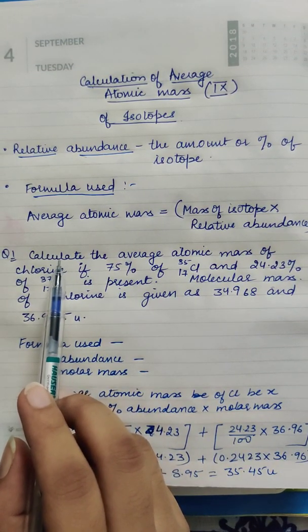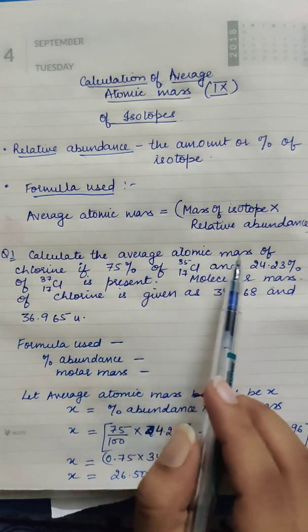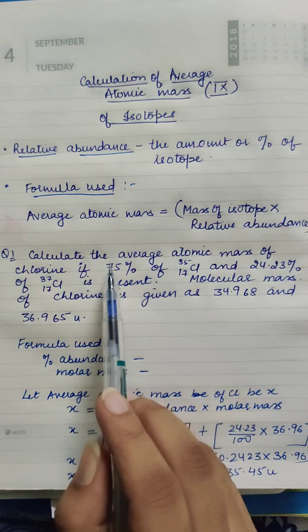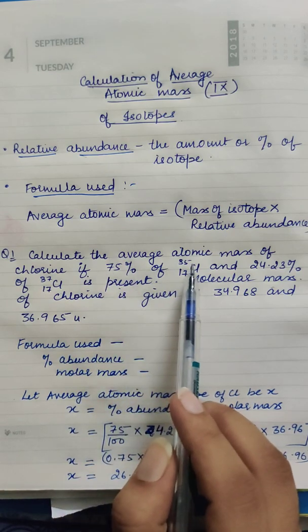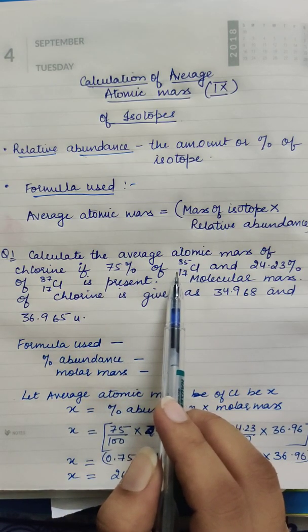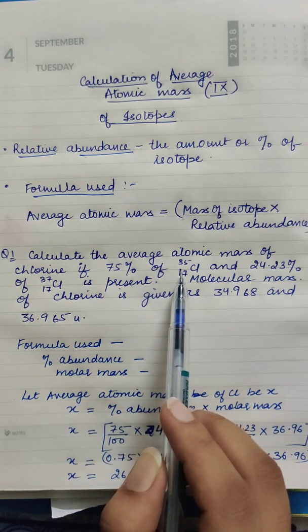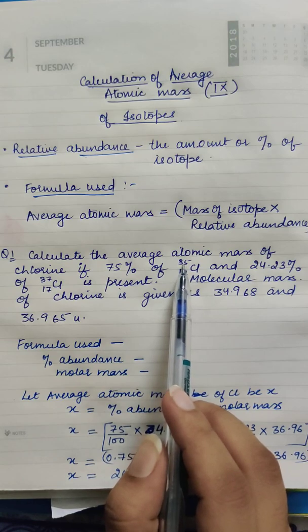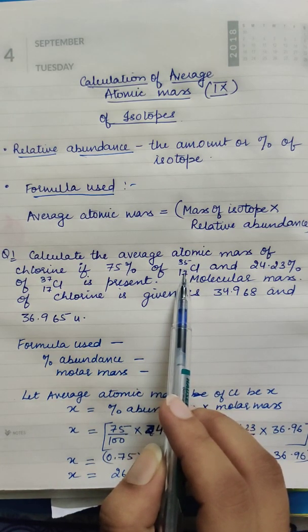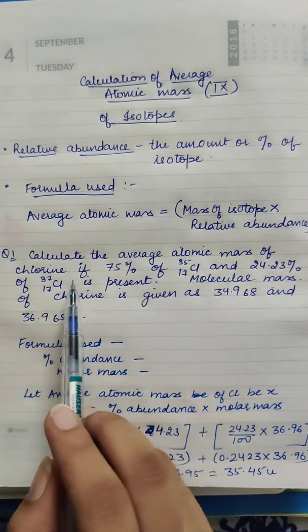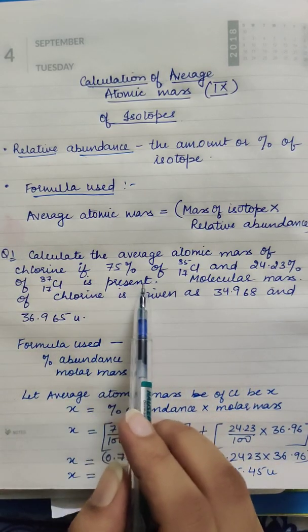The question is: calculate the average atomic mass of chlorine if 75% of 35Cl17 and 24.23% of 37Cl17 is present.